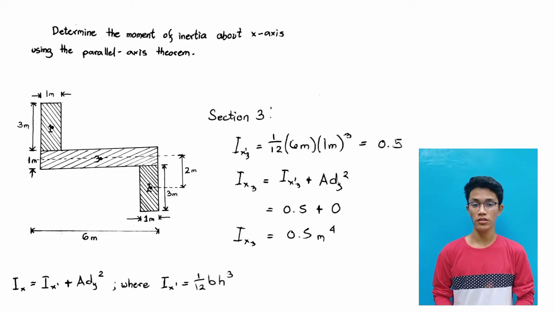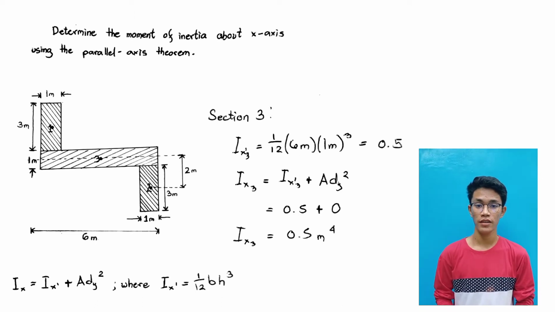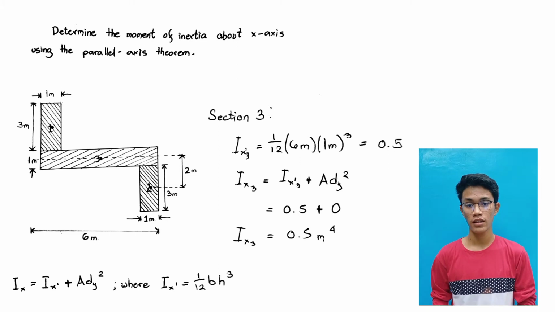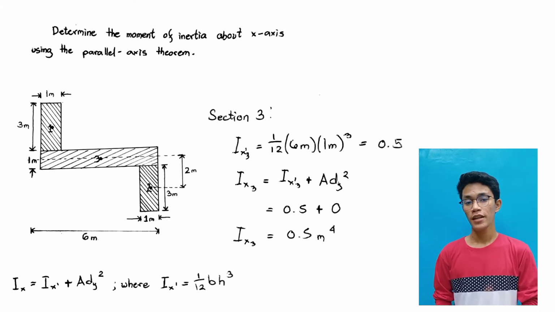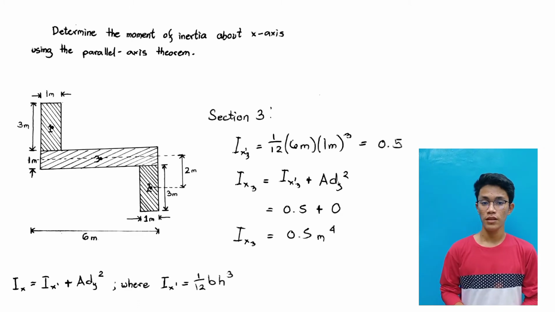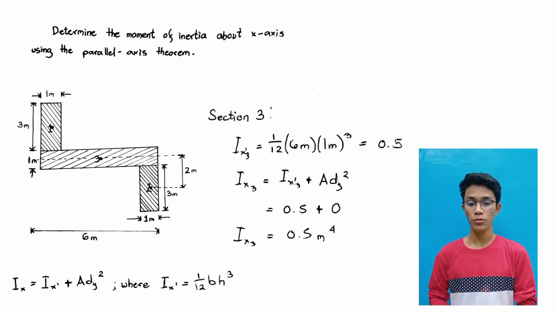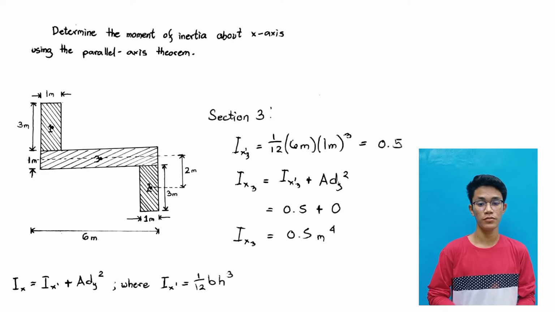However, in this section, we don't have to find the A d squared since it was already on the centroid. So the value for the moment of the third section is equal to 0.5 meter to the fourth.